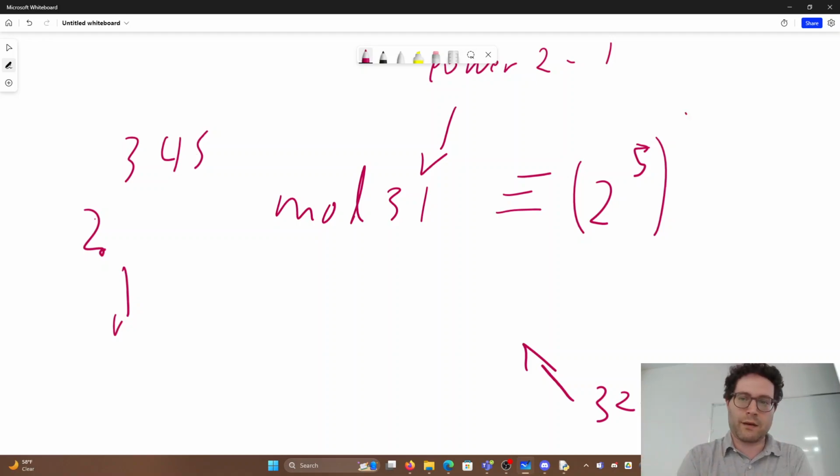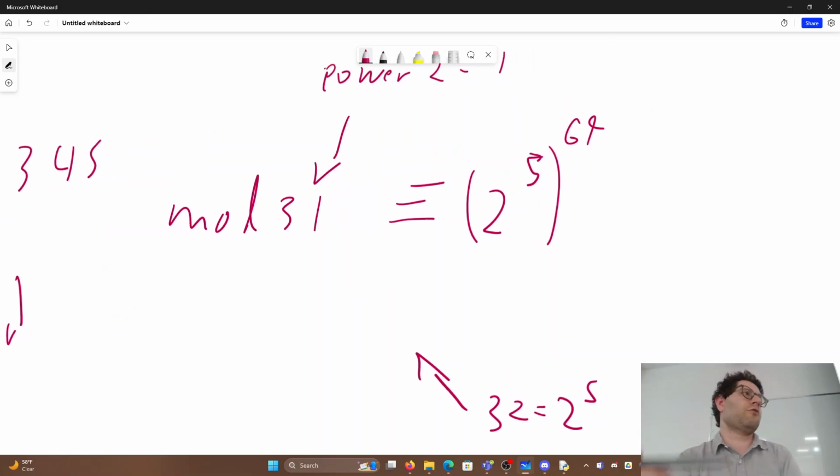You can work it out, but I showed you this last time: 69. And in order to do multiplication of exponents, you have to raise the power, just as a reminder.